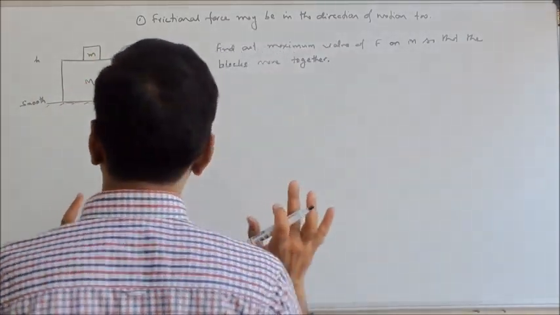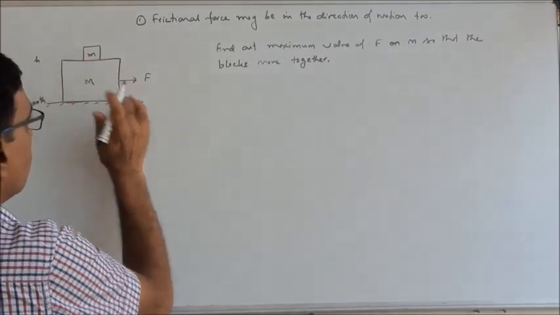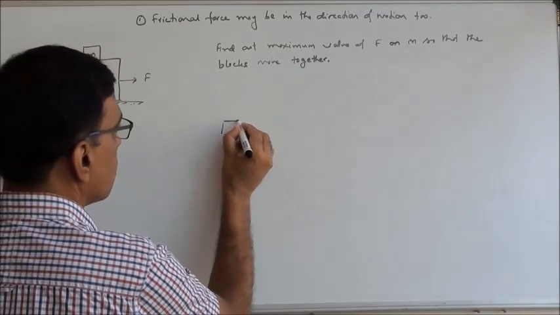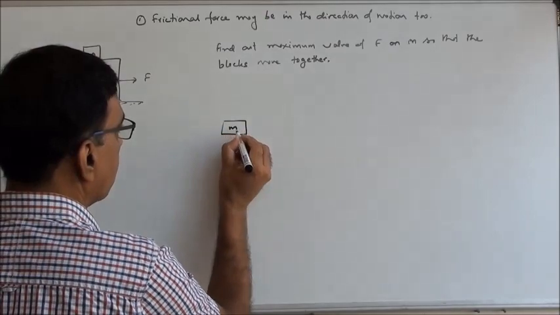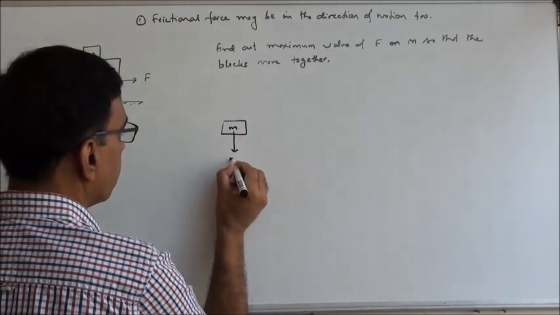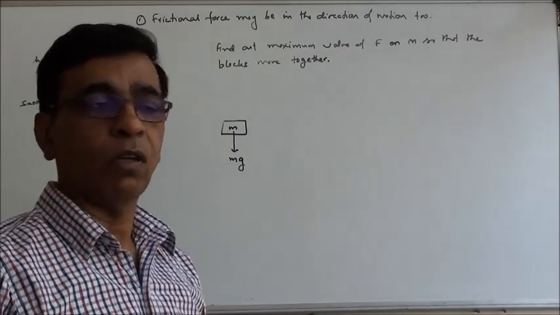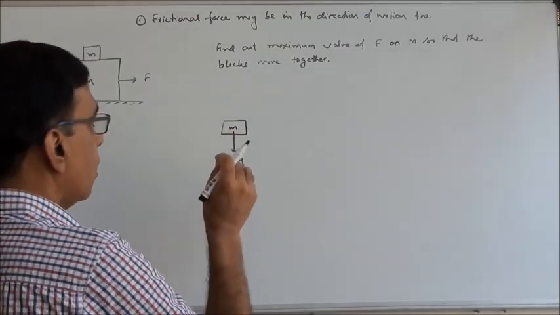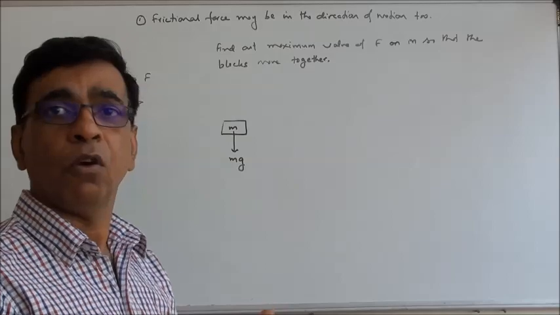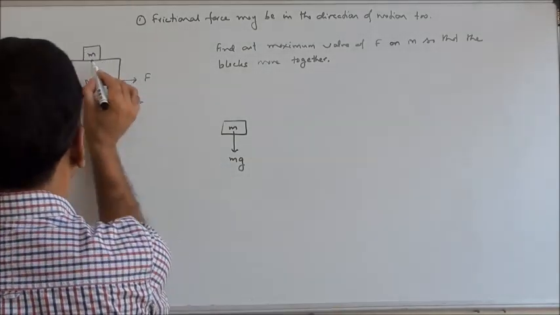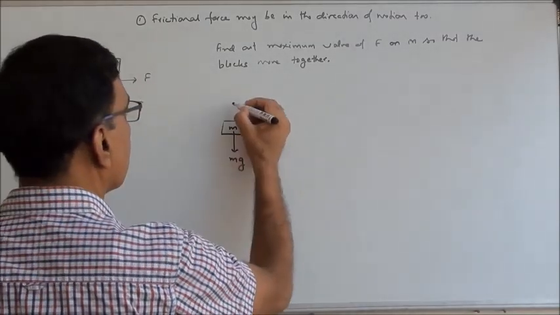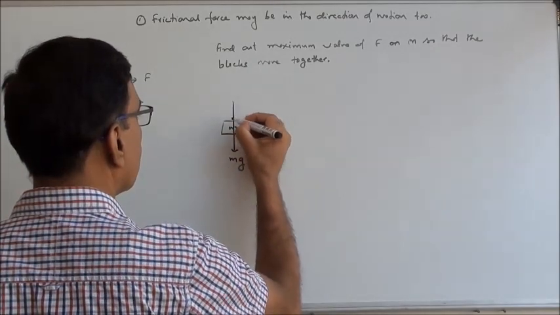Now let us find out what the forces on this smaller block are. One is the weight, which always acts downwards. Then the normal reaction, the normal component of the contact force between them.